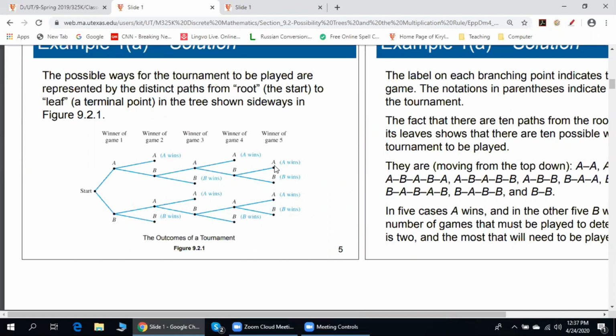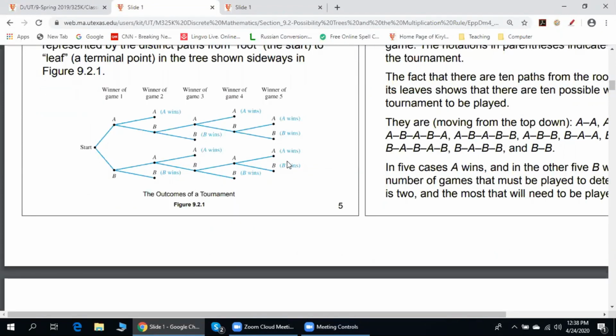Finally, no matter what is A or B here, we stop: we stop if A, since we have 3 wins for A. We stop if B, because reason number 1, we have 2 wins in a row. Reason number 2, B wins 3 games. Same is here.